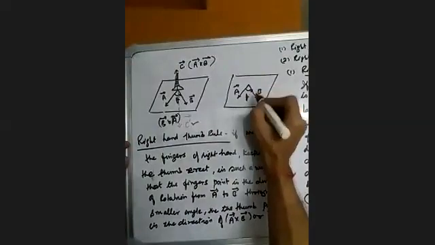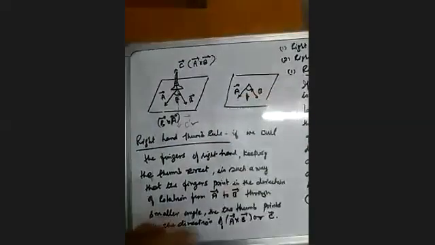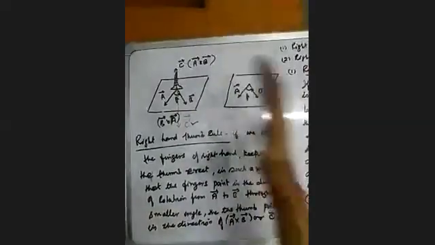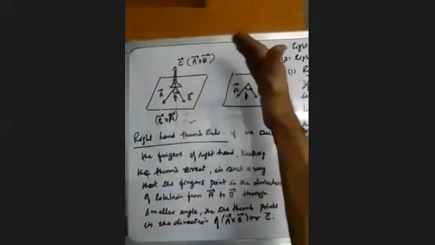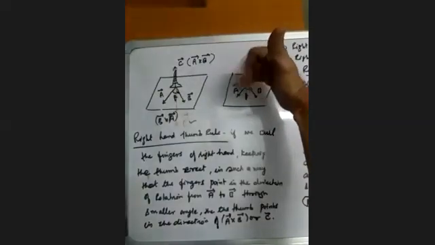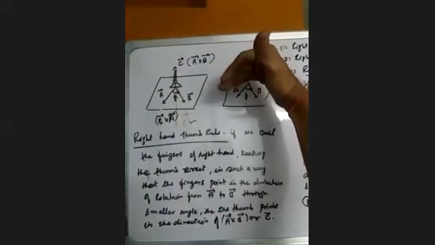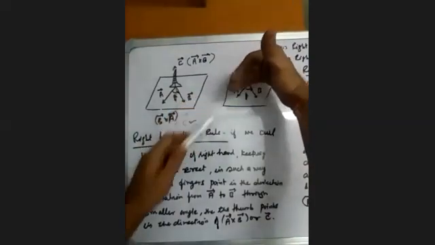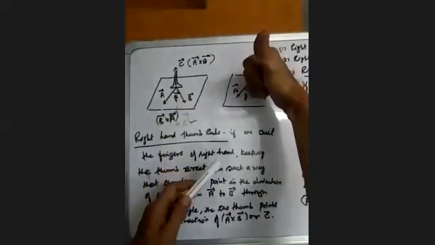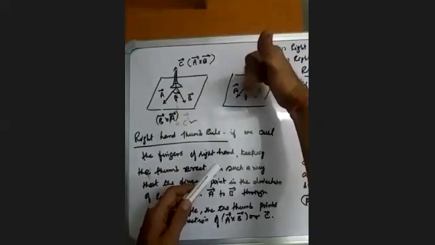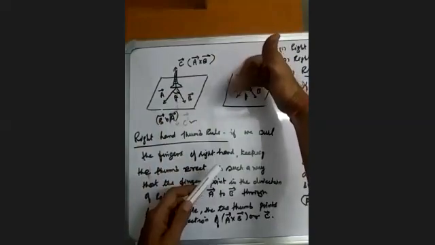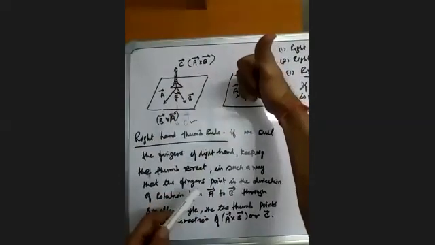We want to find out A cross B. So what we do is we keep our hand like this and we curl the fingers from the direction of A vector to the direction of B vector, through the smaller angle theta, and we're keeping the thumb erect. So the direction of the thumb gives us the direction of C vector.